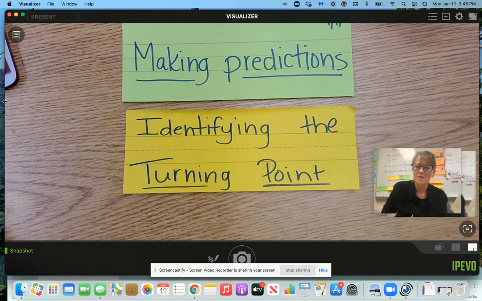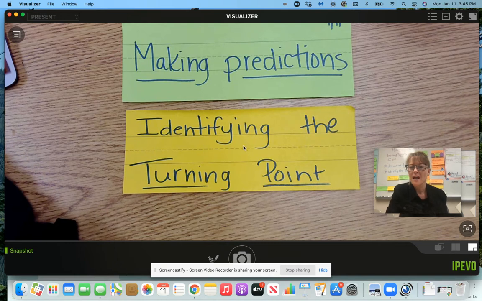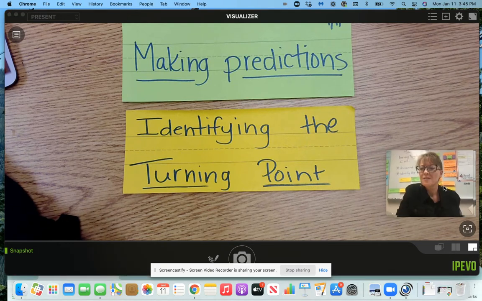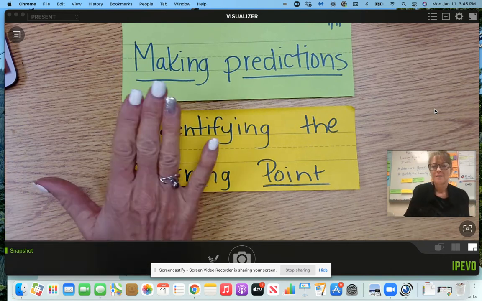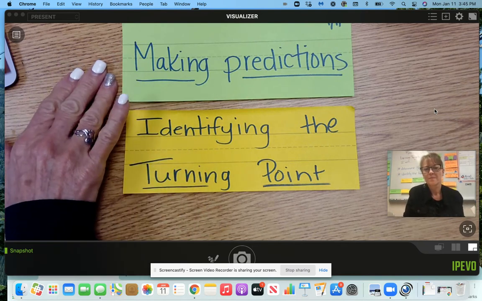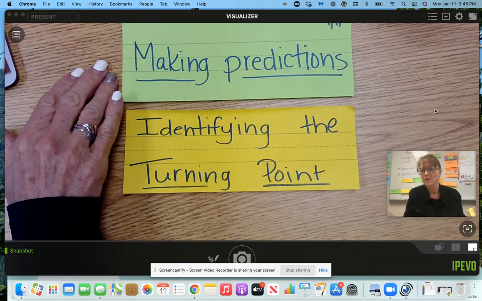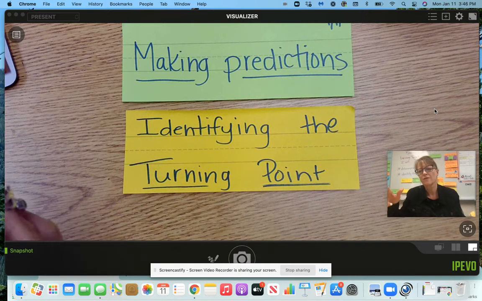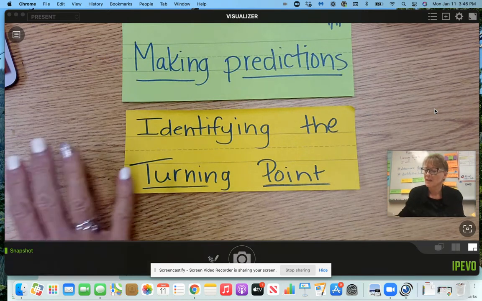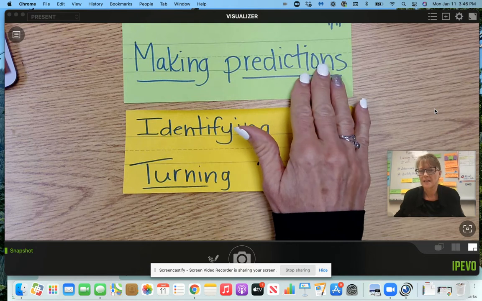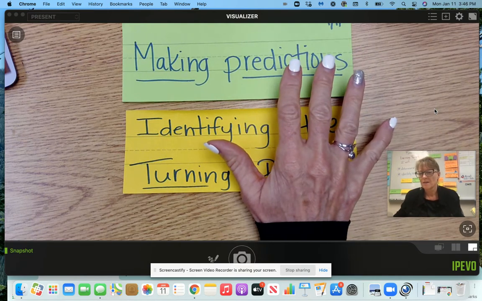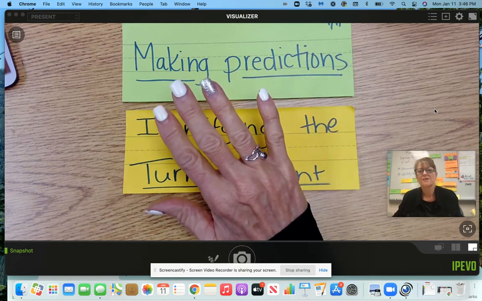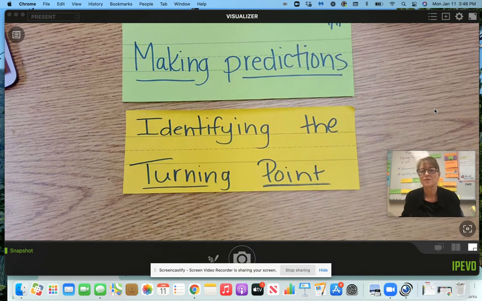As we do that, we take a close look at a couple of things, and those are our learning targets. We take a close look at making predictions, which is what we've been doing the whole time. We're always thinking ahead, trying to infer, trying to determine importance, make predictions about what will happen next, and then make predictions about the main character, how he's changing, and what that means for the story.